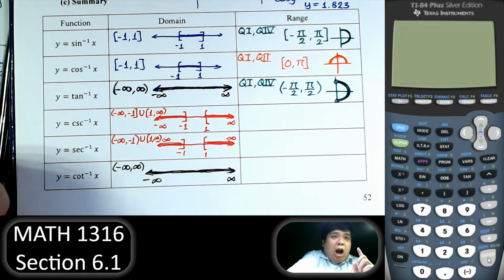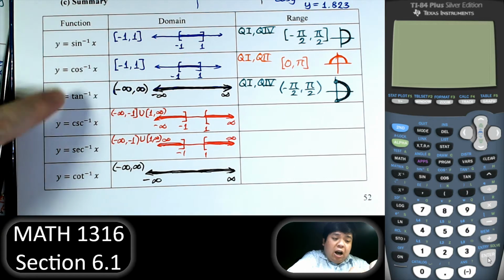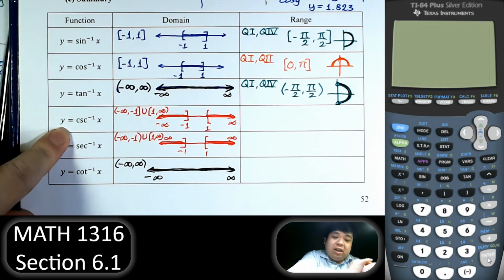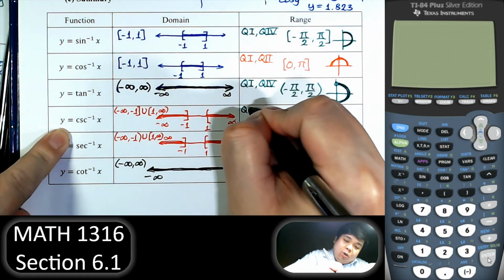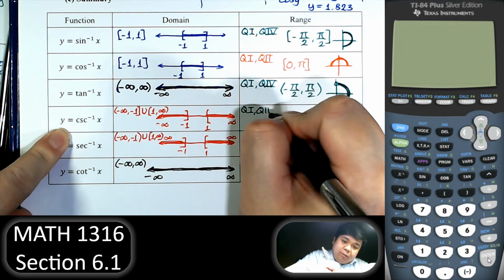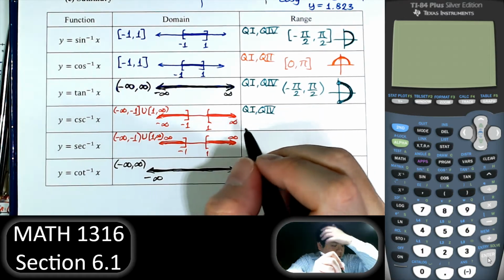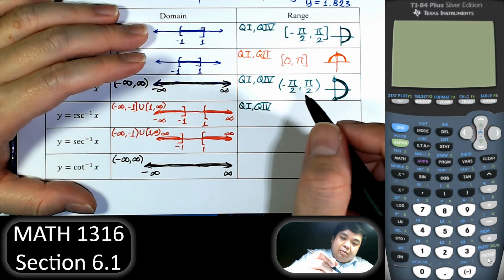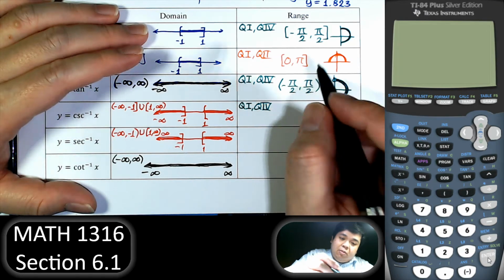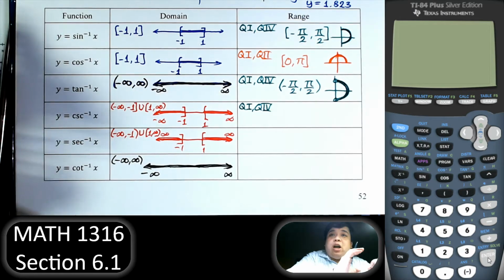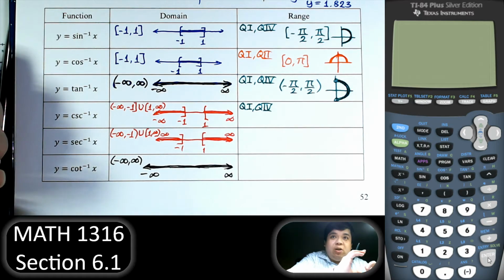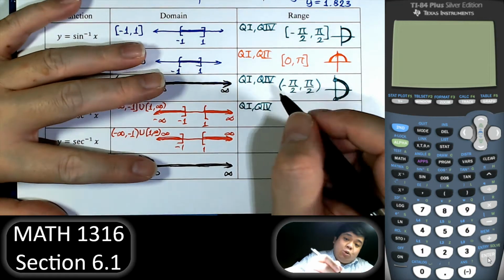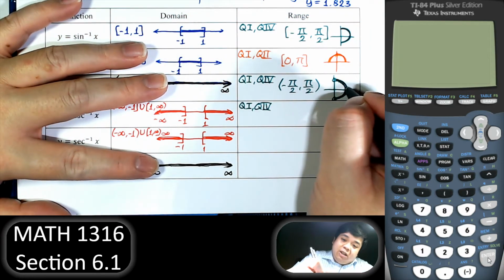Now, so we have sine and tangent. The one that is reciprocal to sine, 1 over sine, is cosecant, which is also in quadrant 1 and quadrant 4. But once again, cosecant is 1 over sine, and if sine equals 0, it's undefined. So we cannot have the 0 here.